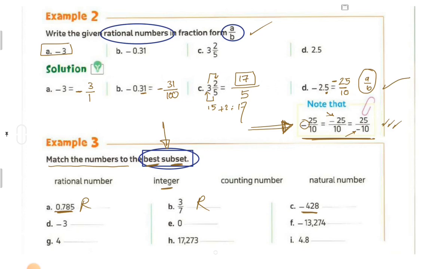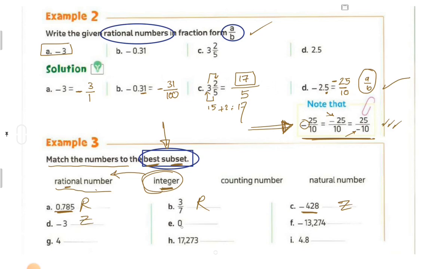But I can say that this number is also an element of the rational numbers, because all the integers are a subset of the rational numbers. But now we have to choose the smaller set. Which one is smaller, integer or rational numbers? Of course integer, so it's integer Z. Okay, negative 3 is the same, Z.